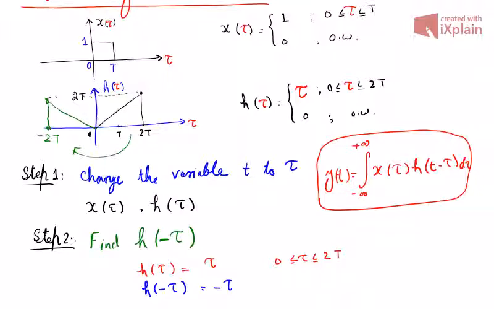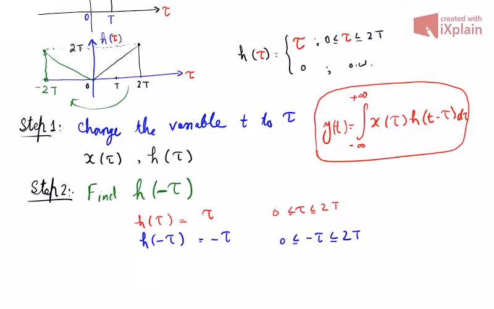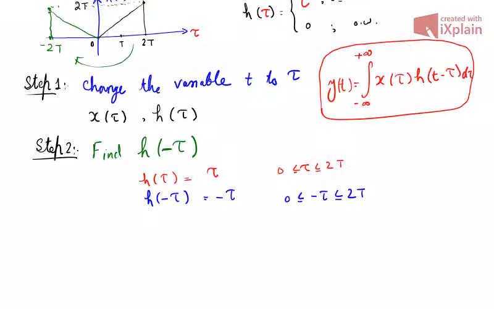If I replace here 0 up to 2T and modify this range, it would be the same as for the tau axis, for minus tau between 0 and 2T. Now multiplying throughout by minus 1, you will get tau less than or equal to 0 and greater than or equal to minus 2T, that is, tau from minus 2T up to 0.